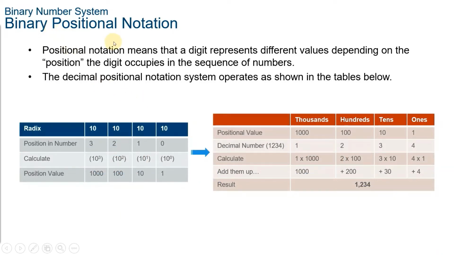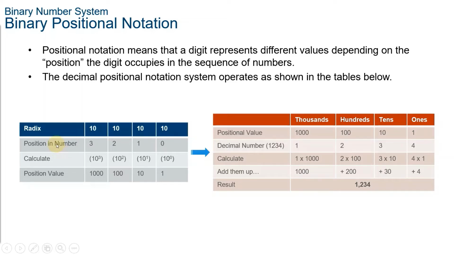Binary positional notation. Learning to convert binary to decimal requires an understanding of positional notation. Positional notation means that a digit represents different values depending on the position the digit occupies in the sequence of numbers. You already know the most common numbering system, the decimal or base 10 notation system.